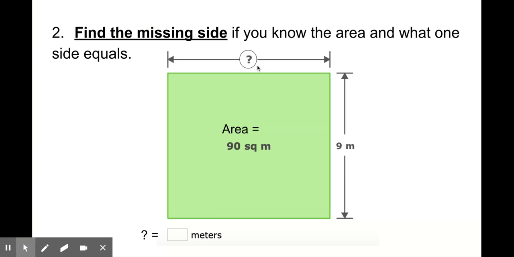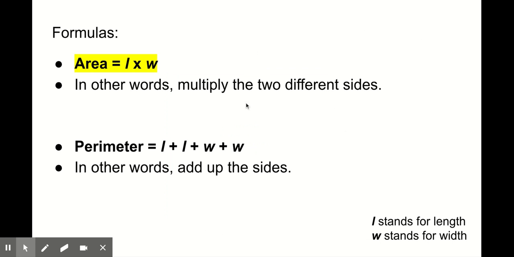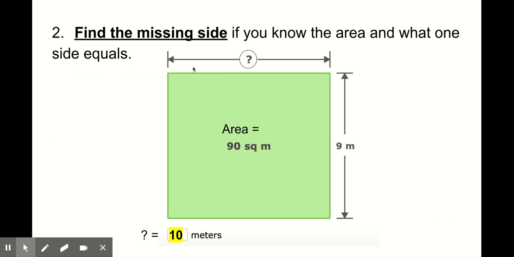In other words, what length times 9 equals 90. 90, the area, equals the question mark times 9. And so we know 90 is equal to 10 times 9. So the missing side has to be 10 meters. 10 times 9 is 90 if you check your work.